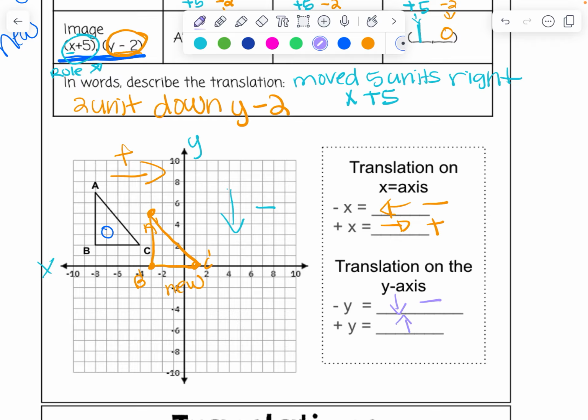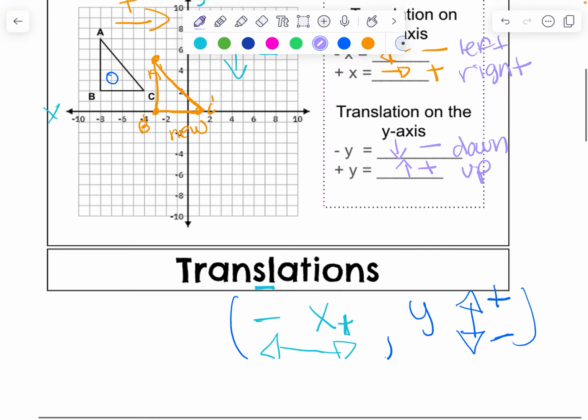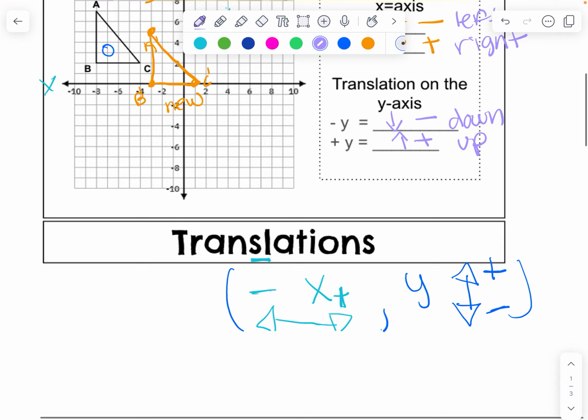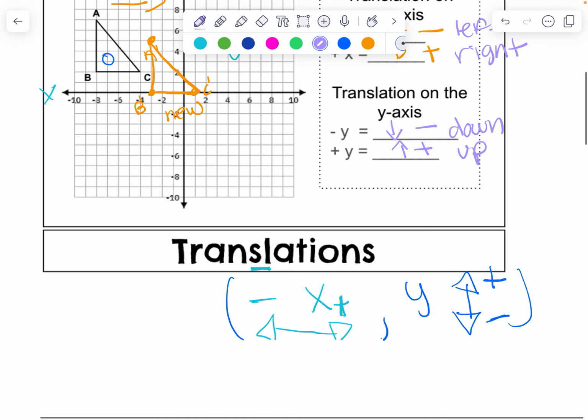And if I'm going up, I'm going to add. Go ahead and fill in the words as well. And then again, if it helps you, you can use this as your guide, using the arrows like I did here. Okay, now I'm going to give you one question to answer, and then you're going to practice. And at the very end, you're going to have an exit ticket.